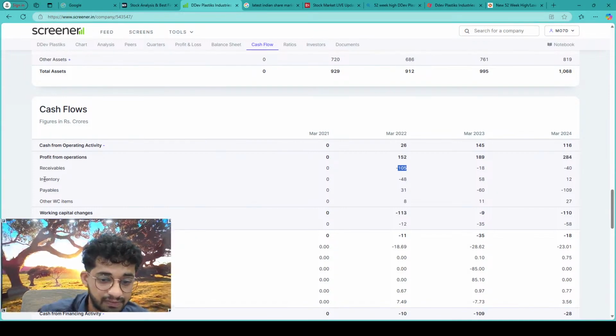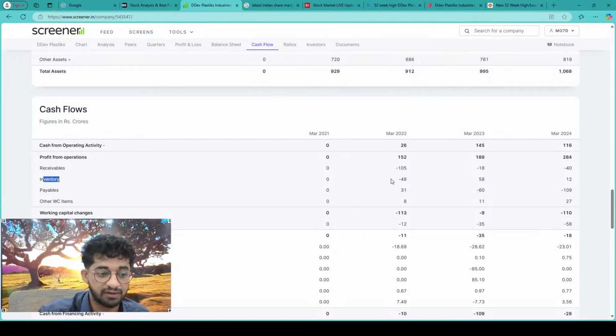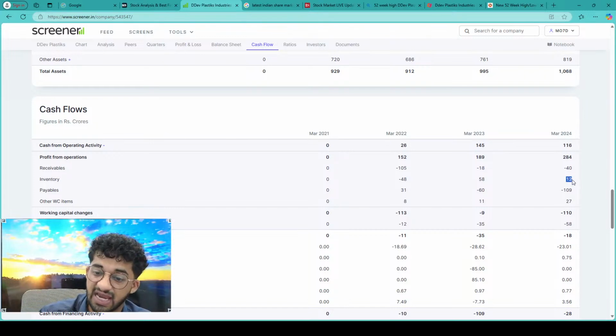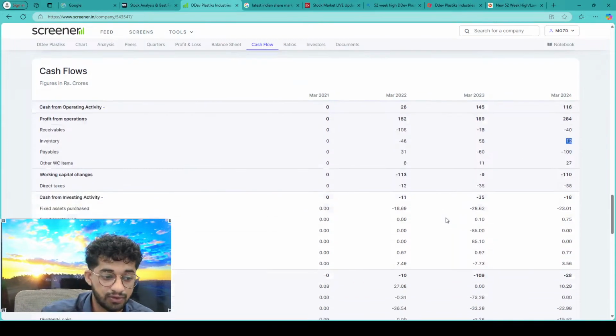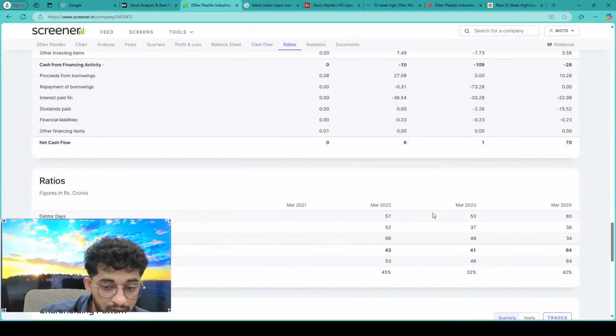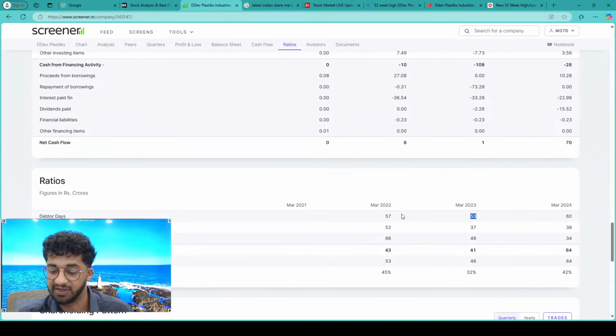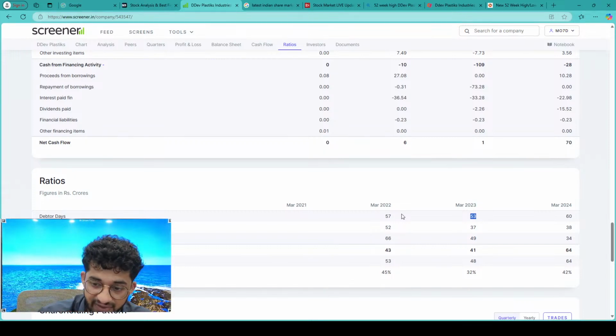The inventory has also been reduced, which increases the free cash flow of the company. And for the payables, the company is getting more days. When you look here at debtor days, the company doesn't have to pay their payables until 60 days. So there is an increase in payables, which means the company can hold the cash with them. That is also a very good fundamental for the company.